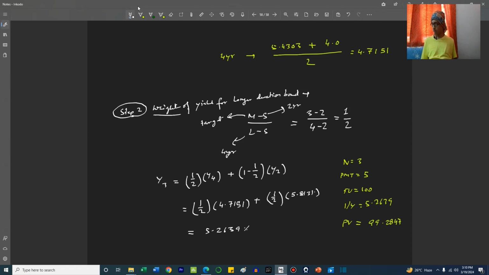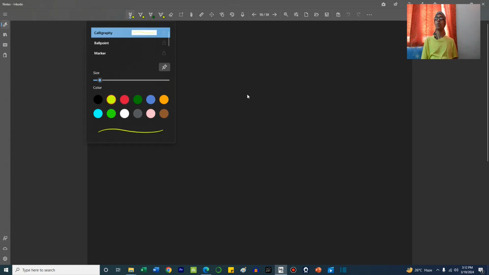Therefore, the average becomes 5.2641. So instead of 5.2639, we make a little change here, 5.2641. Now the present value of the bond comes to be 99.284267.